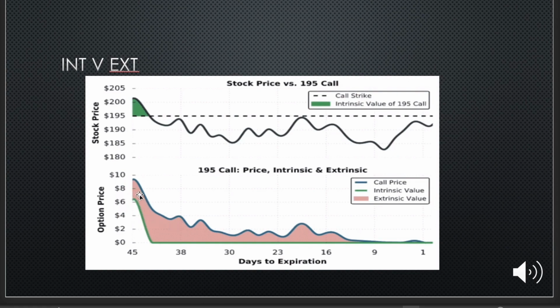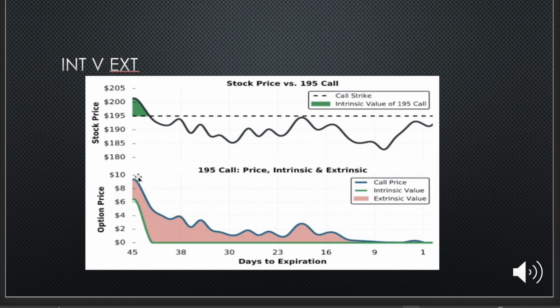And that is going to make this option value fluctuate up and down. Okay, and as time goes by, that extrinsic value also basically deflates out of the options contract, because the closer you get to expiry, the fewer events that can create volatility for the price, and the less time there is for new events to come in and create volatility.